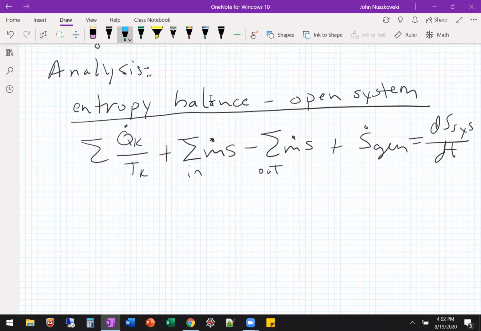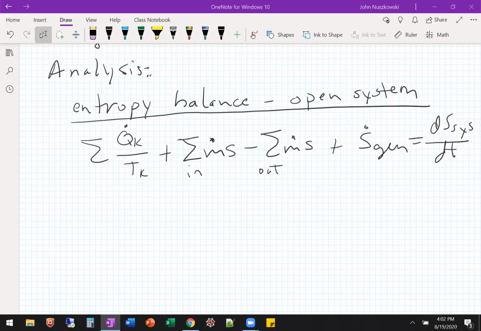All right, so we have our open system entropy balance. What can I cancel? Can we assume steady state and cancel the sum of mass in and out?